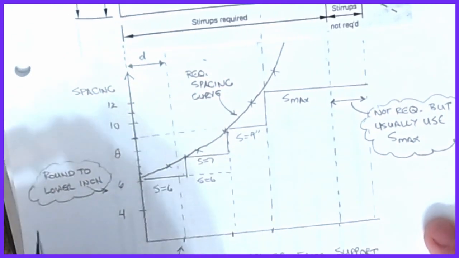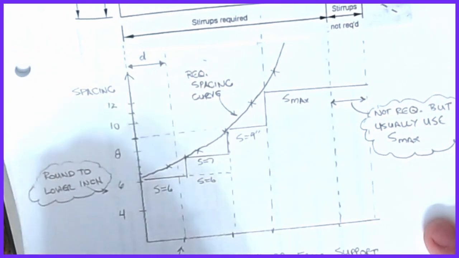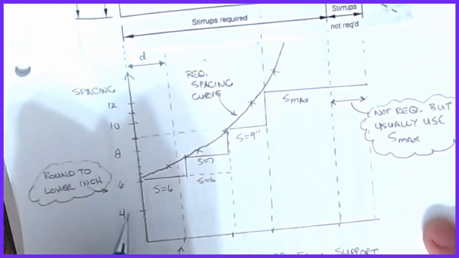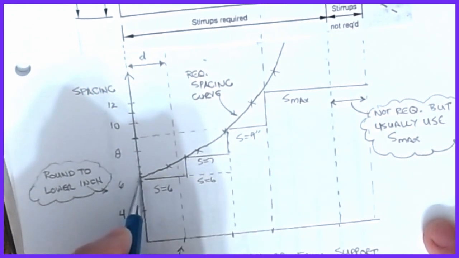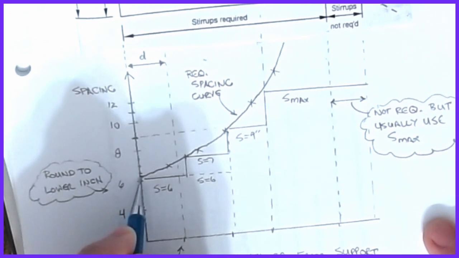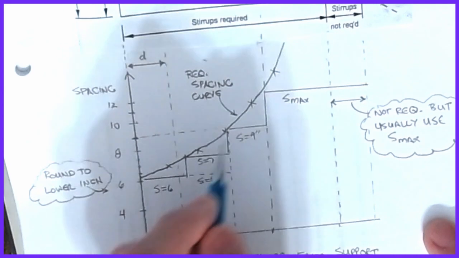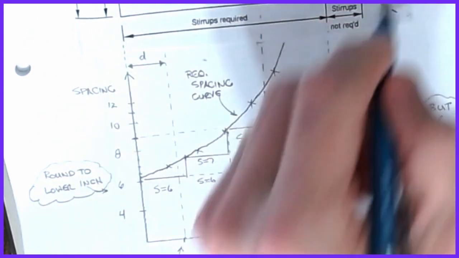Now what I normally do is set my diagram up, and it'll look something like this, in which I draw this to scale, and I run my calculations. For a 4-inch spacing of a number 3, I would get a specific value for the VS. In this particular example, a 6-inch spacing gets me the VS that I need, and then it shifts up to a 7, and then up to an 8, a 9, a 10, and all the way on up.